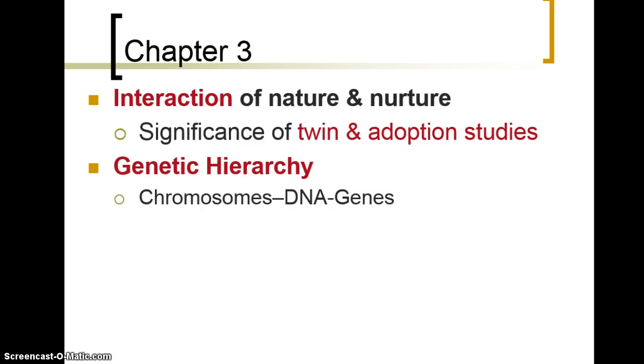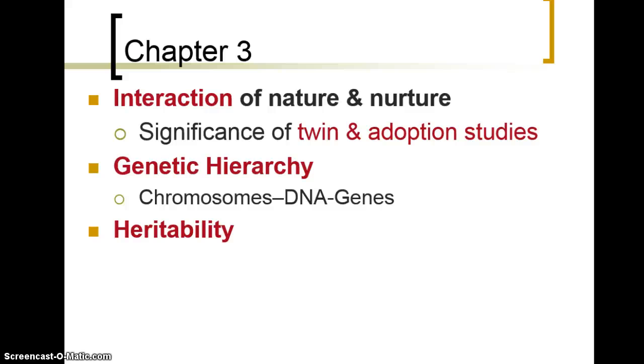Genetic hierarchy of chromosomes, DNA, and genes. I can't remember what activity to do with that. We did some activities with that, so make sure you go back and check those. Heritability. Remember, this is a tough one because it's looking at a group measurement of genetics, but it's only based on, which is kind of the weird part, how similar or how different the environment is.